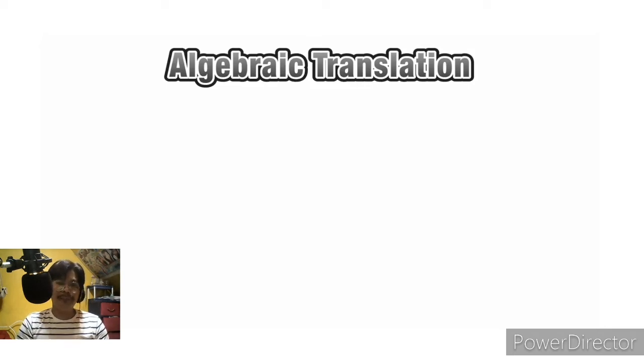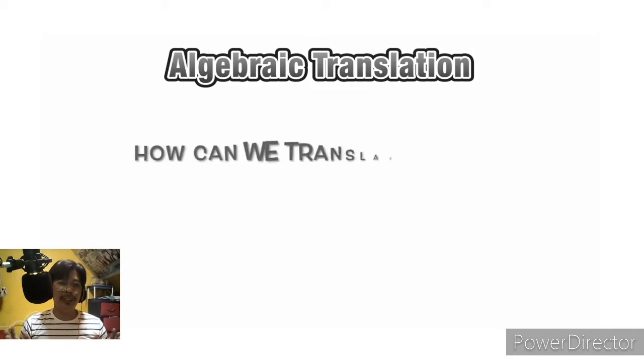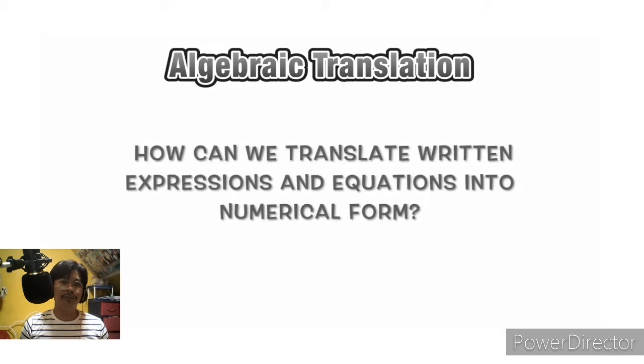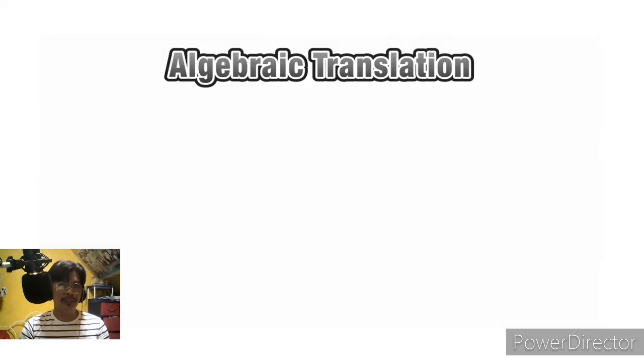Okay, so for example, we need to translate a certain expression. Like, how can we translate an expression, an equation, into numerical form? So when we say numerical form, that is in numbers, of course, or in mathematical expression.